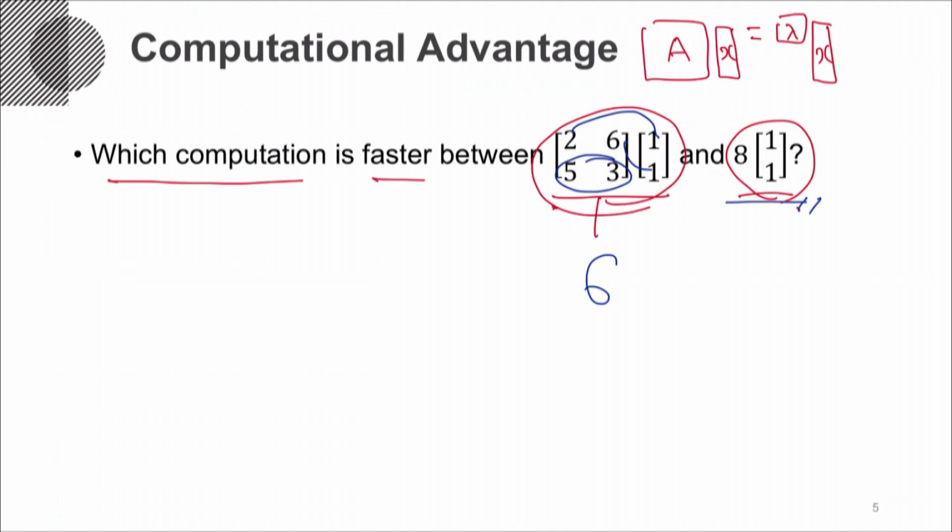But in the other case, we only need to compute just 2 multiplications, right? So the latter case will be much faster than the previous one. If we know our input vector x is an eigenvector, then the matrix transformation will be really efficient by utilizing this eigenvector equation.